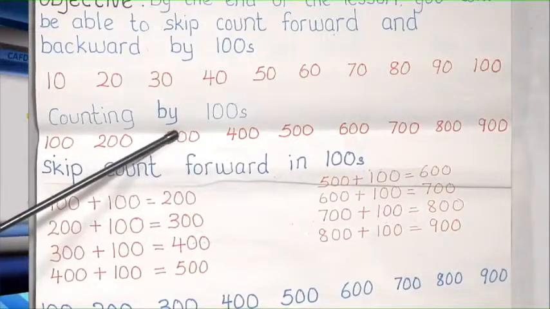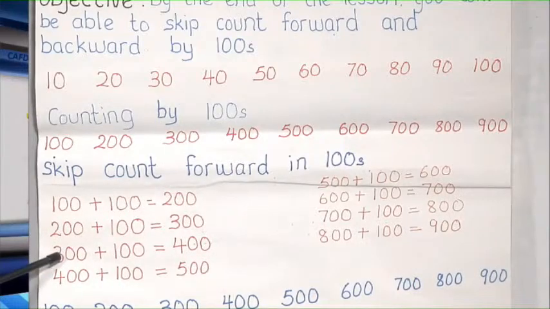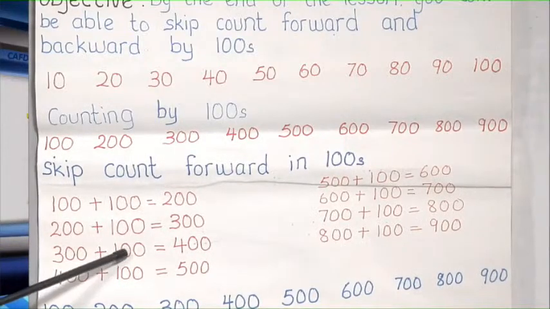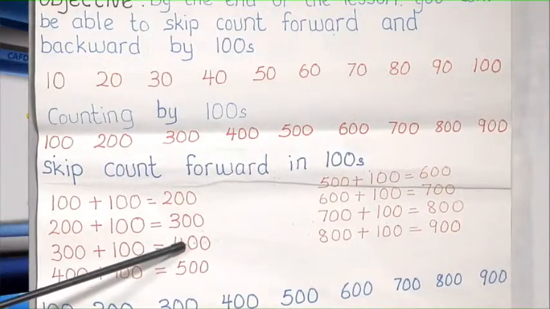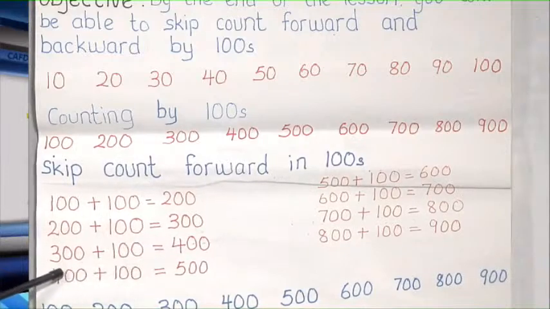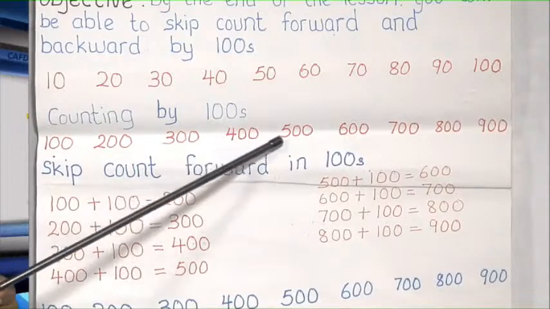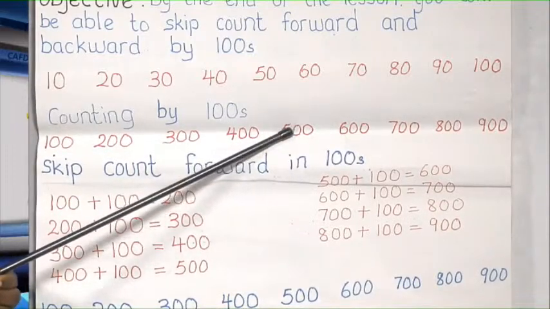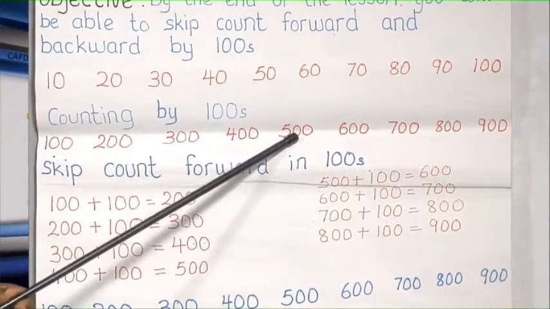And that is what we find here. So 300, we add another 100 to it. Then we get what? 400. That is why we have our 400 here. Then this 400 is here. So when you add another 100 to it, then you get what? 500. So with this 500 is here, and it is also here.